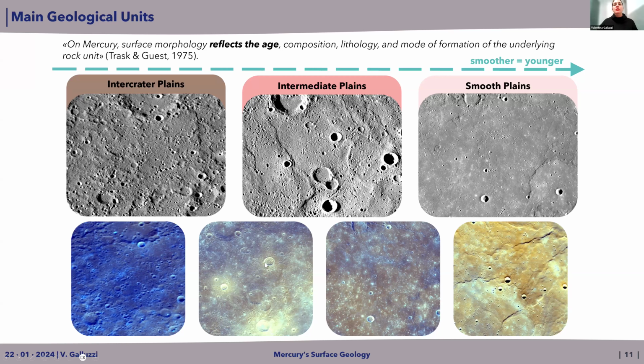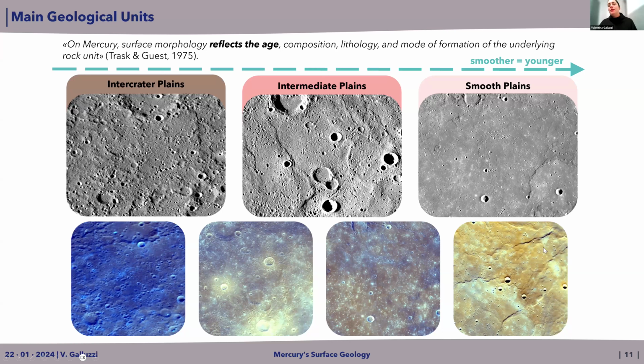If we look at the colors instead, we don't have a precise correspondence between the morphological units and the color units. Most of the time the intercrater plains look blue, but it's not rare that we can find also red intercrater plains. Intermediate plains can have intermediate colors, but we can also find blue intermediate plains.